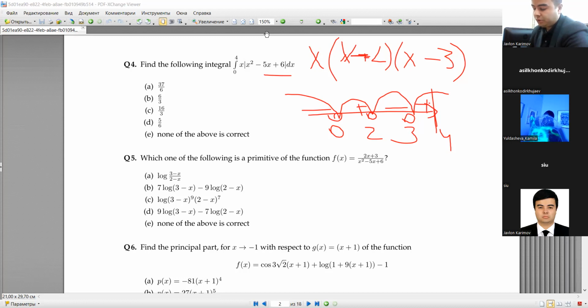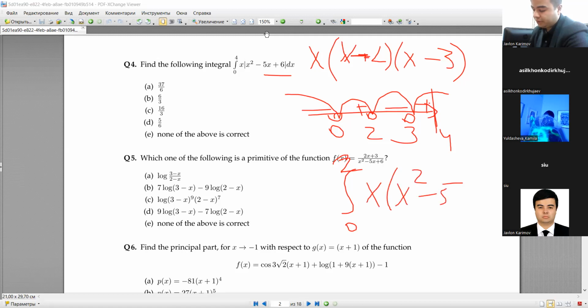When it is from 0 till 2, we divide into 3 integrals: from 0 till 2, with plus x times x squared minus 5x plus 6 dx. Then put here minus, integral to 3.